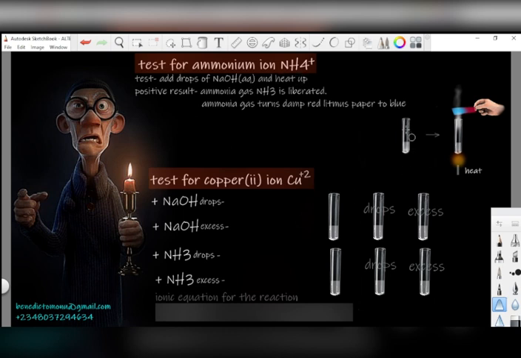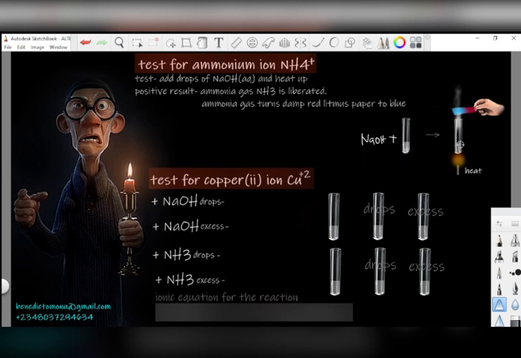Something will be observed if this sample contains the ammonium ion.